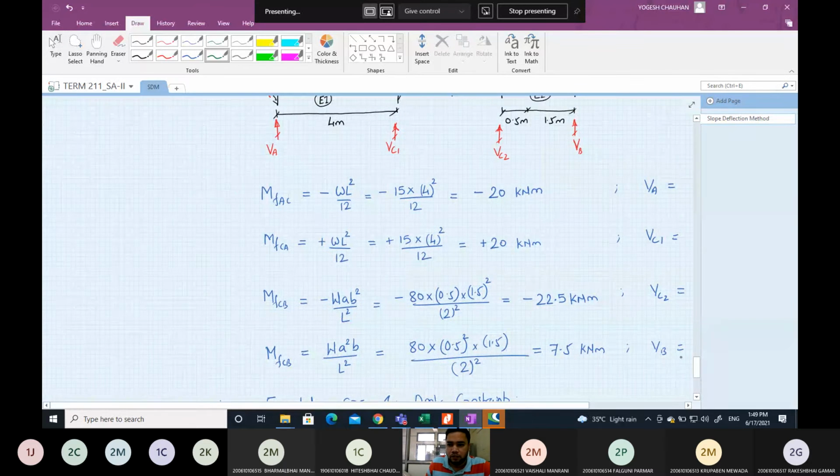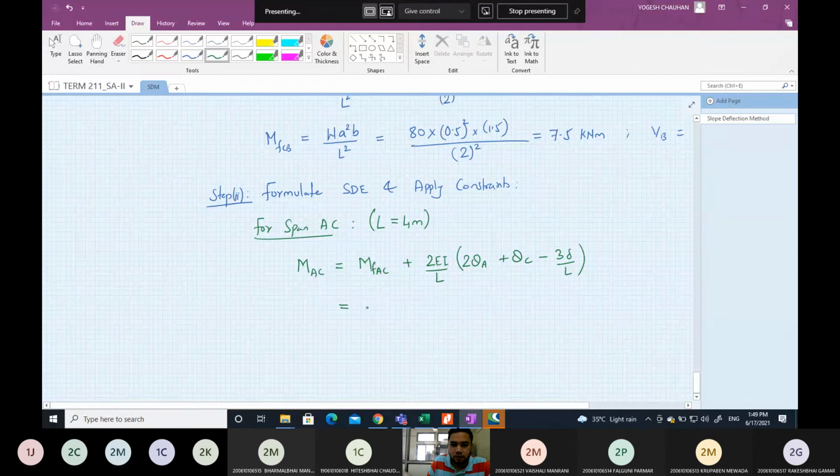MFAC is minus 20, so write it here, minus 20 plus 2, EI is constant, so we are keeping it as it is, and length is 4 meter, so 4, 2 theta A plus theta C minus 3 delta by L.